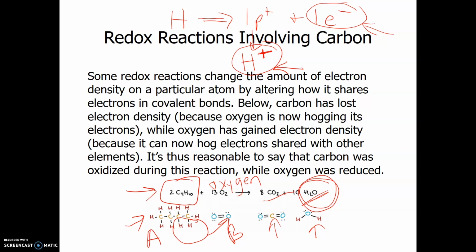So C4H10 is called a reducing agent because it's able to give oxygen electrons in the form of hydrogen atoms. So we say that the C4H10 is oxidized and the oxygen molecule is reduced, because oxidation is loss of electrons and reduction is gain of electrons.